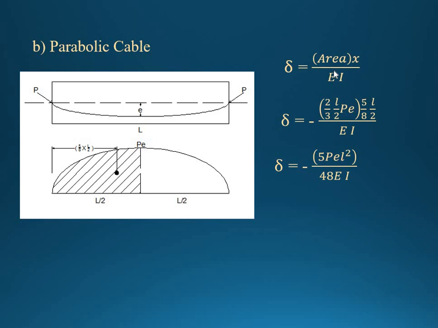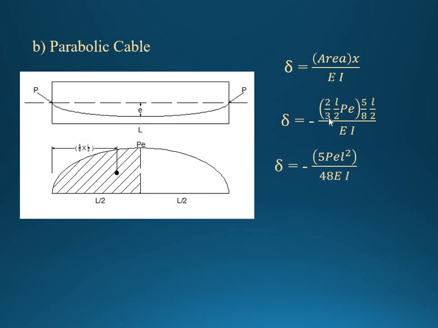Deflection formula is delta equal to area into centroidal distance by EI, where area of this parabolic profile or parabolic variation is 2 by 3 into length into height. So here height in the sense, this is maximum bending moment, that is P into E is the maximum bending moment.